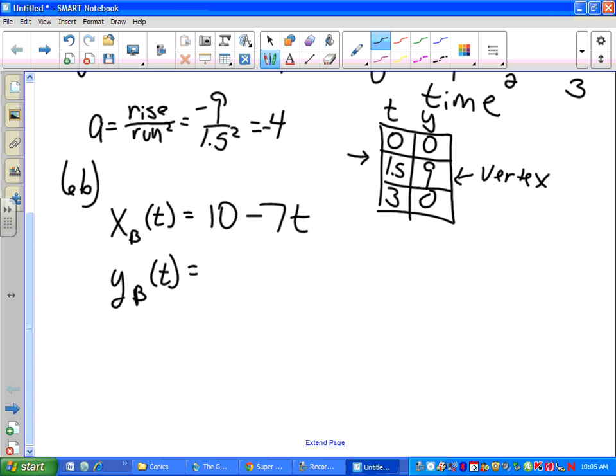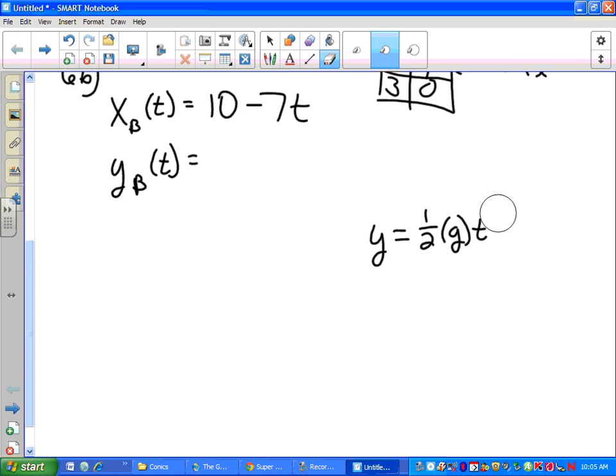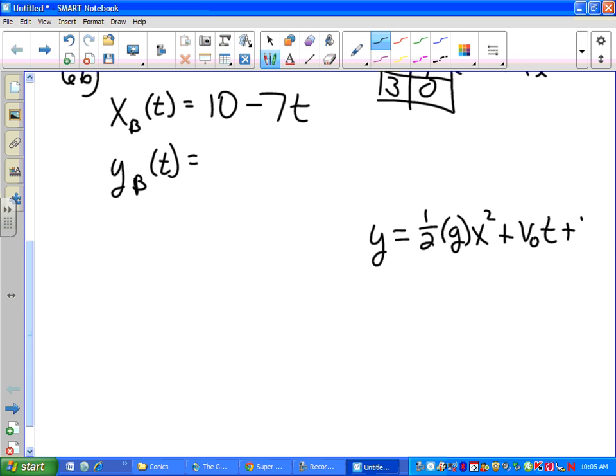Let's talk about y. To do y, you have to go back to some of the things you may have done in physics. If you remember, y equals 1/2 times gravity times time squared, and let's put x over here for now. We will have to put time, t, but let's put an x here. Then you add your velocity times time, and then you add your starting height. V0 means the velocity at time 0, or initial velocity, times time.